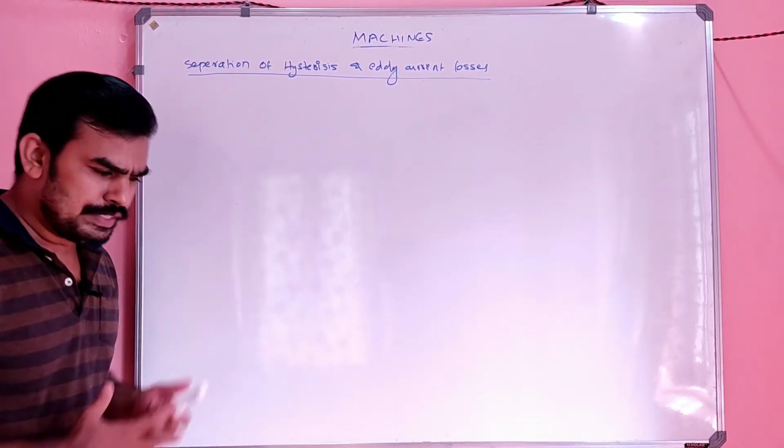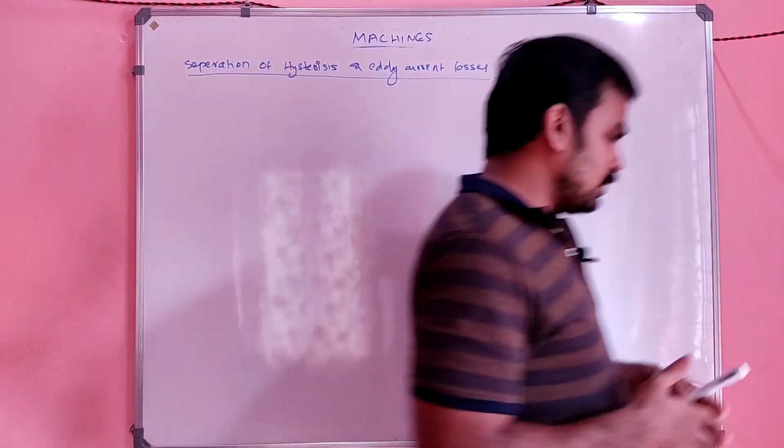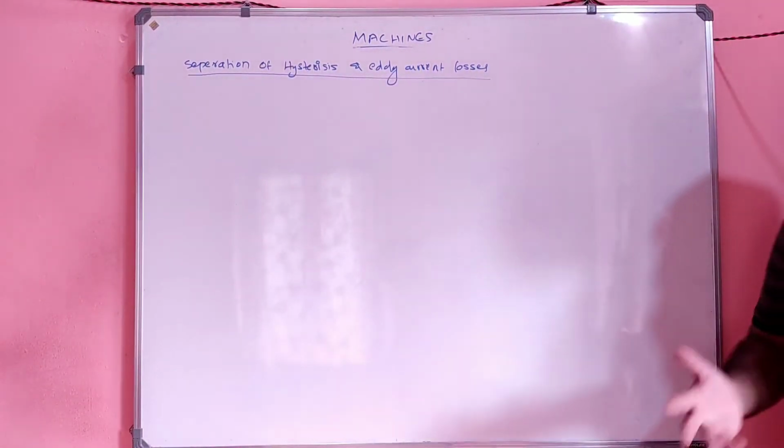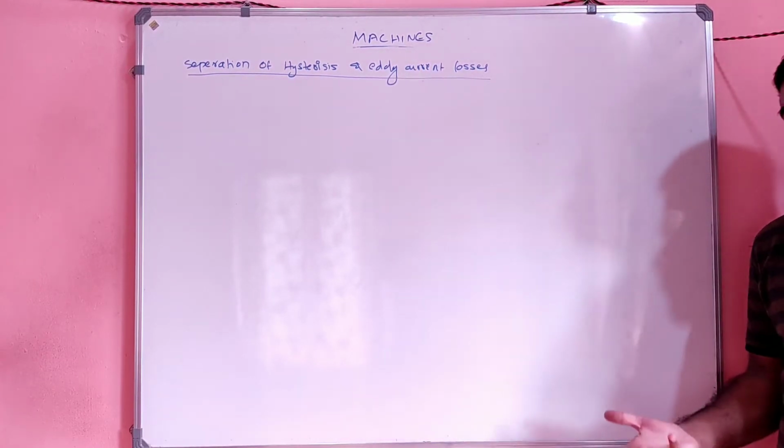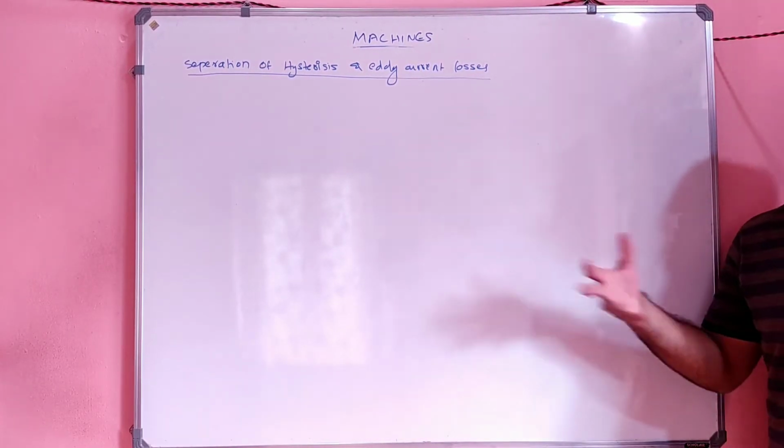What is the need of separating hysteresis and eddy current loss? Because you know that you can't directly measure hysteresis loss, since it contains some constant value also.